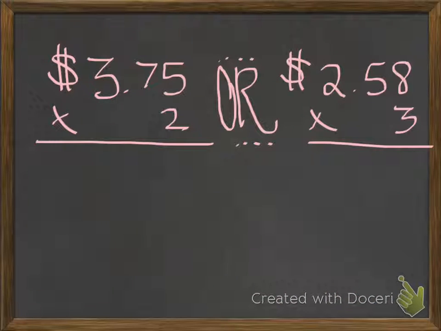So the 3-pound bag costs $3.75. The 2-pound bag costs $2.58. So this one is the 3-pound bag. You can get 2 of those, and that'll equal 6 pounds.